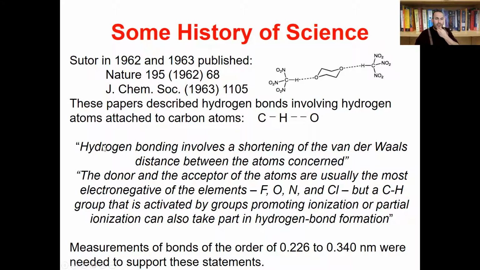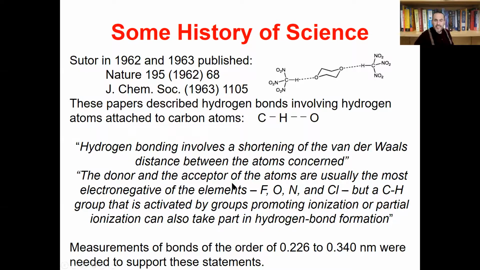What they said was that hydrogen bonding involves a shortening of the van der Waals distance between the atoms concerned. So the bonding was not simply explainable by looking at the van der Waals distances. What is observed in the case of the hydrogen bond is that the distances were shorter than expected based on the van der Waals diameters.